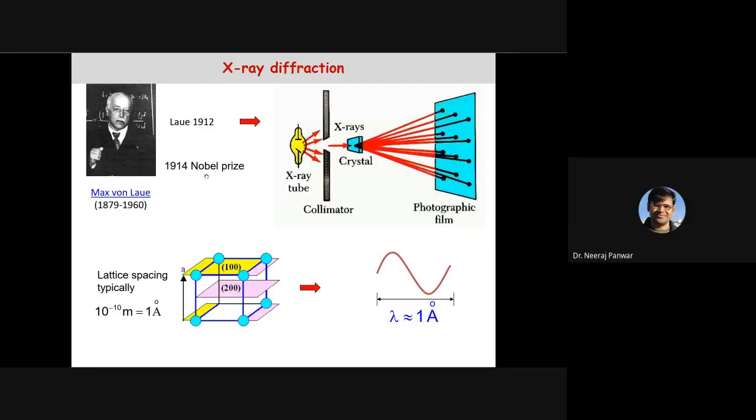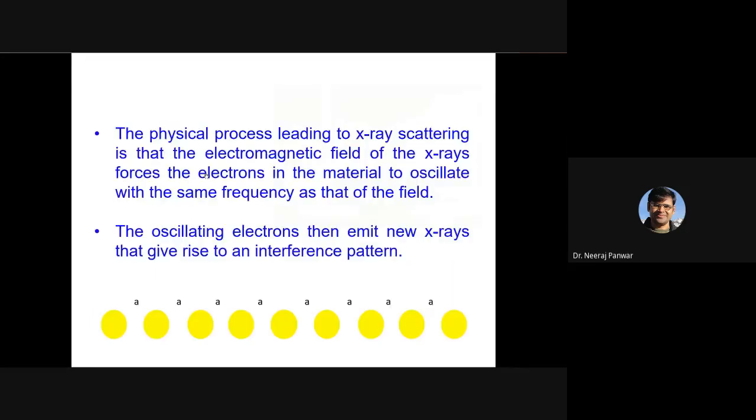So now we have seen that the wavelength of the incident radiation must be equal to or smaller than the interplanar spacings or the lattice constant of the unit cell.